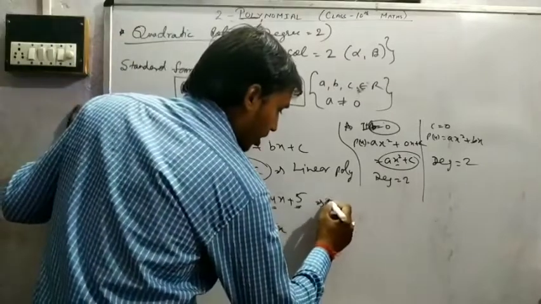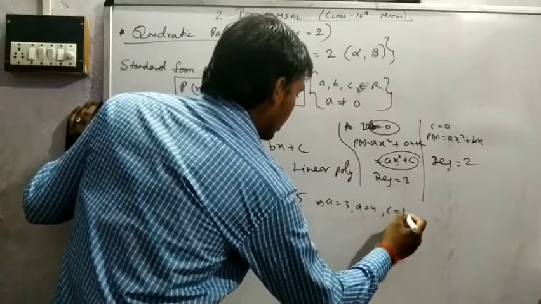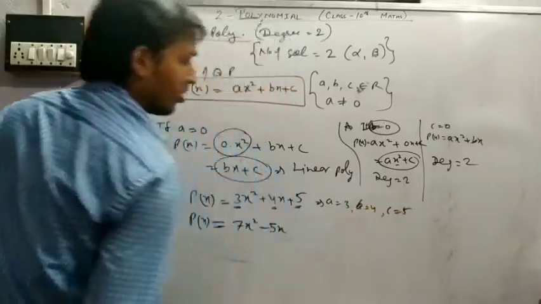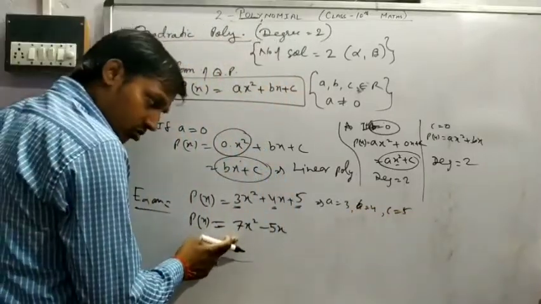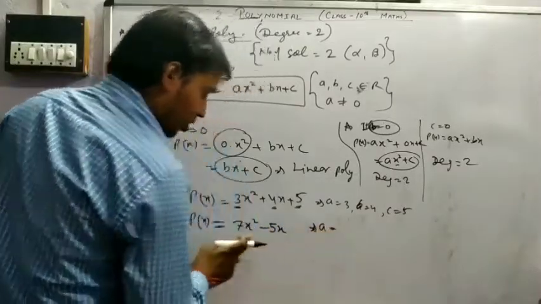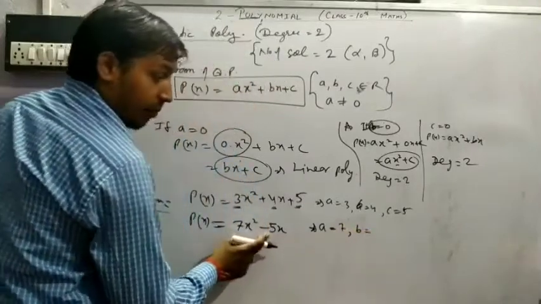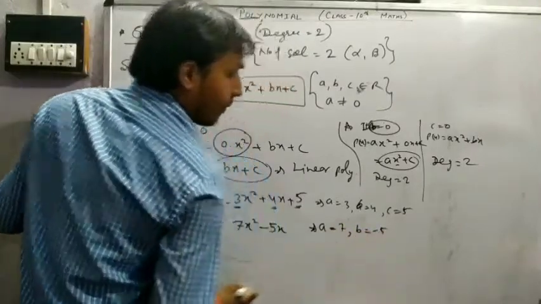It's also degree 2, an example of a quadratic polynomial. Here a is equal to 7, b is equal to minus 5.